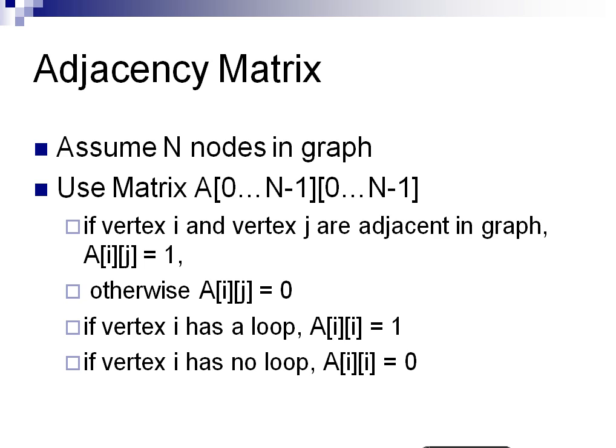If a vertex i and vertex j are adjacent in a graph, in the matrix at index i, j, we will write 1. So we are trying to build an adjacency matrix using the relations of the vertices in the graph.